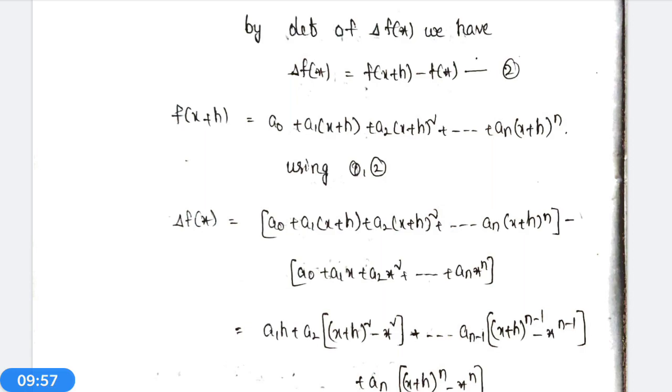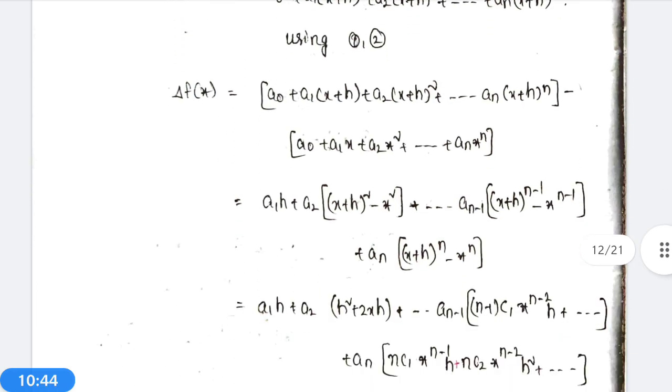Now delta fx is equal to a0 plus a1x plus a1h plus a2 into x square plus 2hx plus h square plus etc. plus an into x power n plus nc1 into x power n minus 1 into h plus etc. plus ncn into h power n, minus a0 minus a1x minus a2x square etc. minus an x power n.